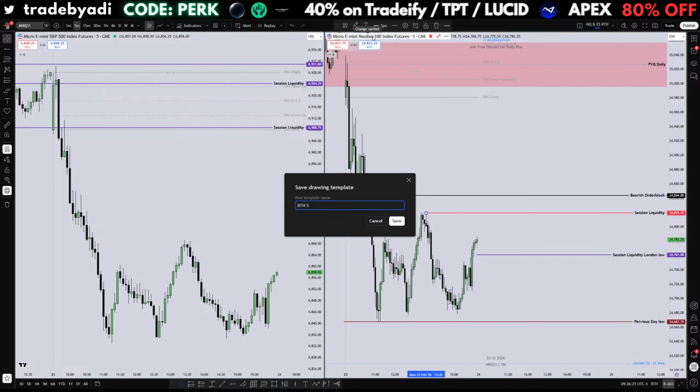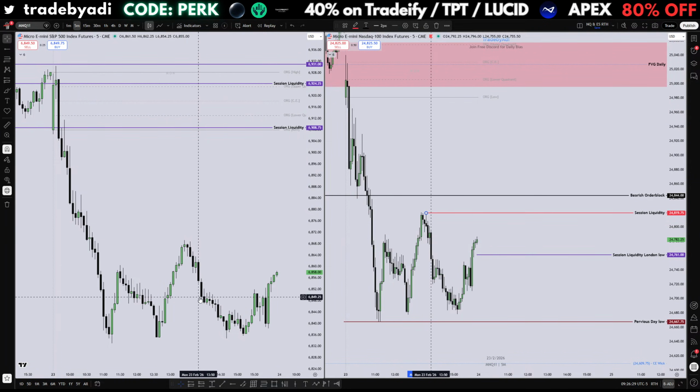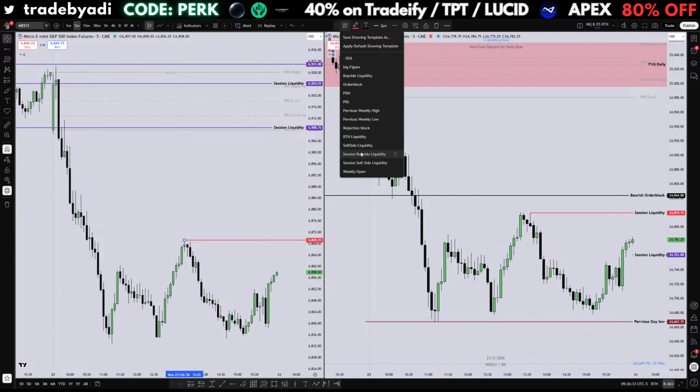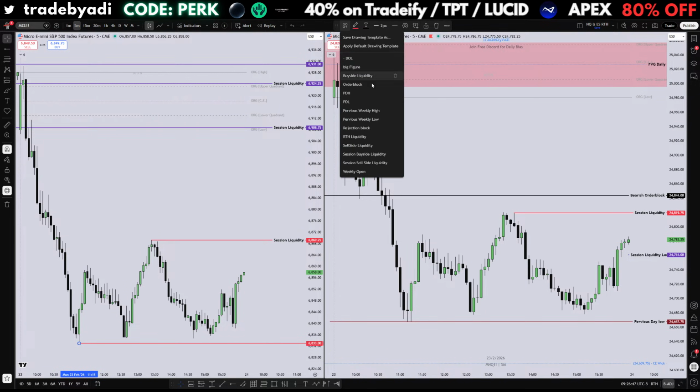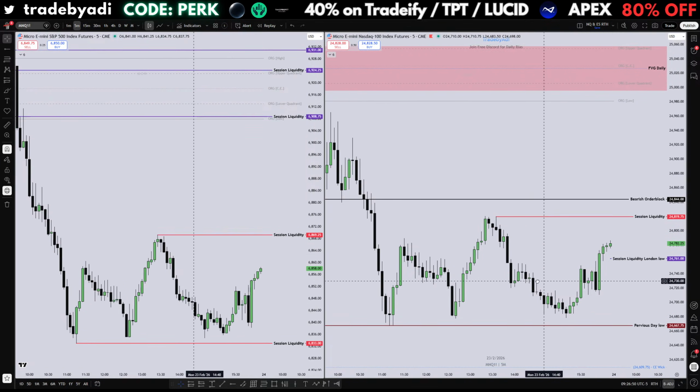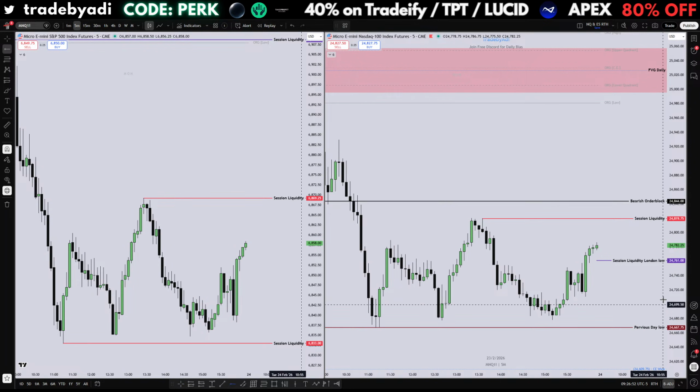RTH liquidity. Also, I will mark this thing in this chart. And we have a failure swing and we don't have any SMT. So most likely the price is going to go to yesterday's AM session and PM session low. This is yesterday's PM session low.